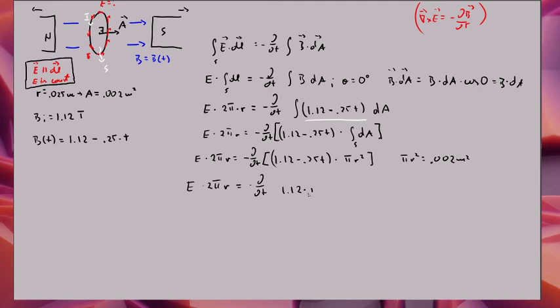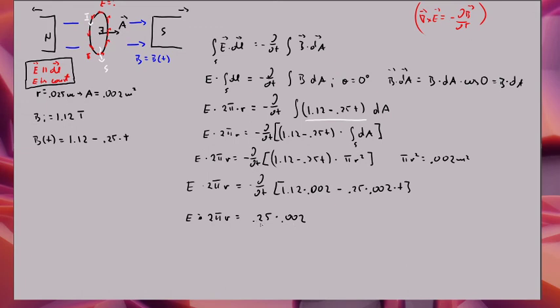So I'm going to multiply by 0.002, minus 0.25 times 0.002 times t. When I take the time derivative, one of these terms goes away, so I end up with electric field times 2 pi r equals minus, well, what I have is 0.25 times 0.002.